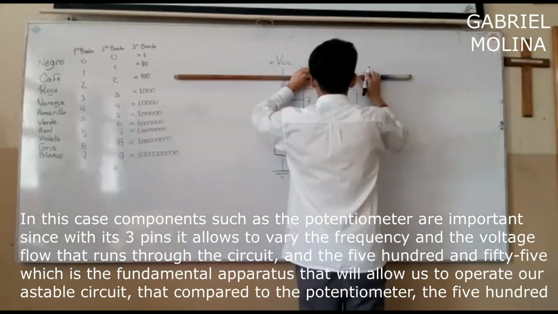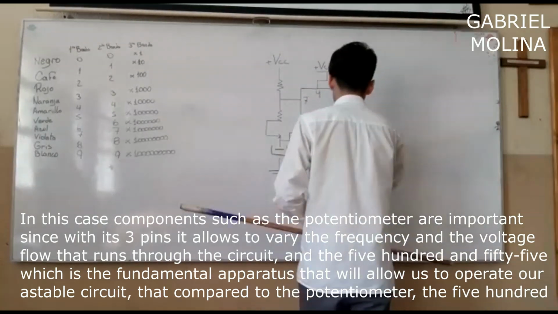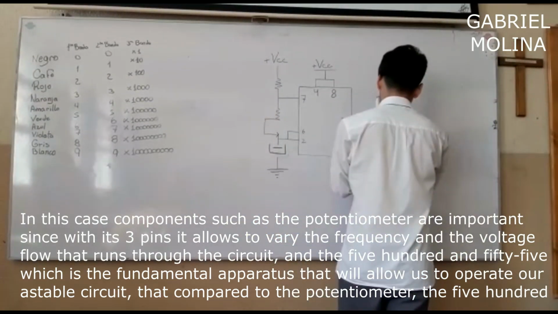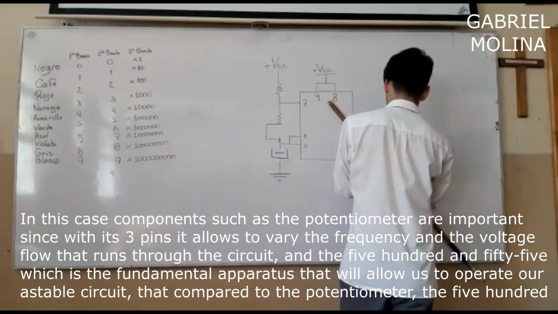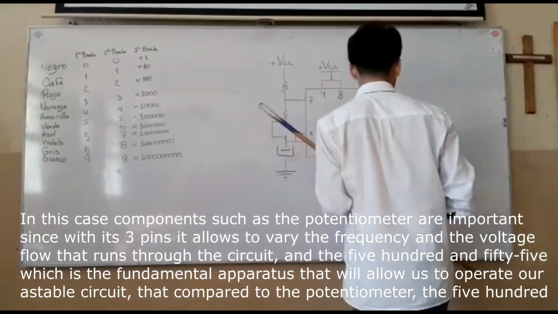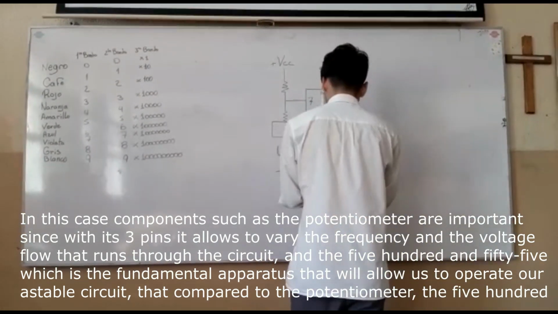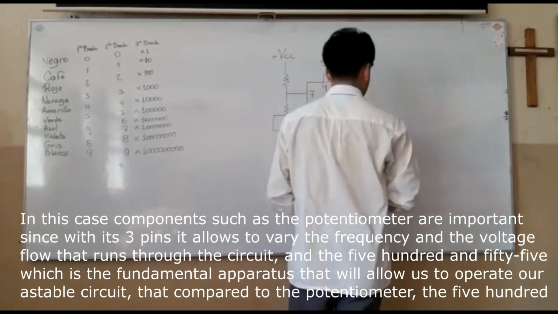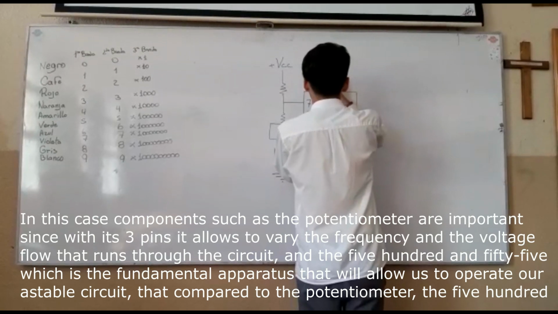In this case, components such as the potentiometer are important since with its 3 pins it allows us to vary the frequency and the voltage flow that runs through the circuit, and the 555, which is the fundamental device that will allow us to operate our astable circuit.